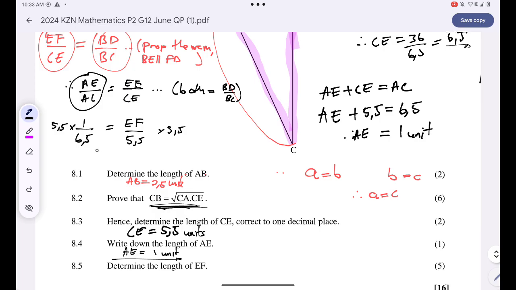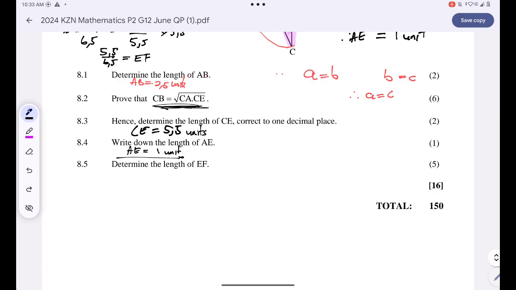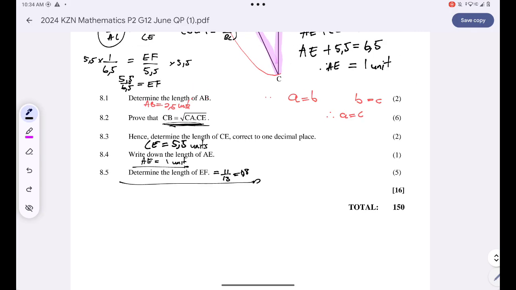So EF will simply be equal to 5.5 divided by 6.5. 5.5 divided by 6.5 is just 11 over 13. So EF is just equal to 11 over 13, which can be written as 0.8, since in this question we're rounding off to 1 decimal place.